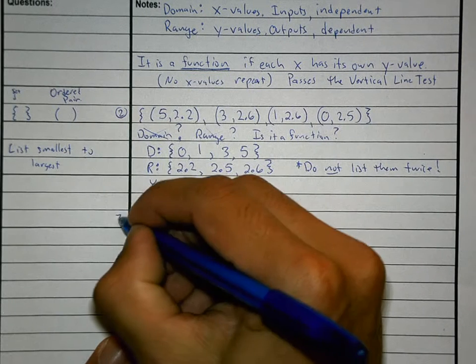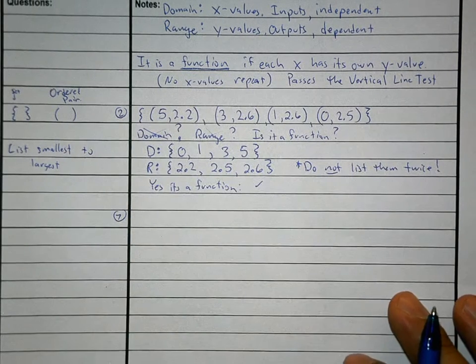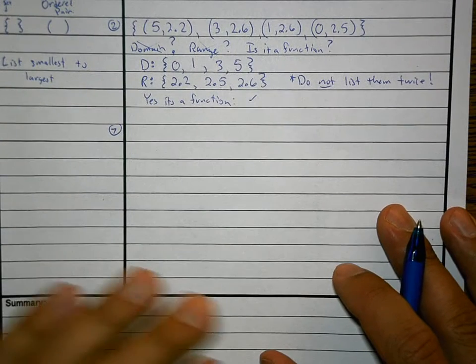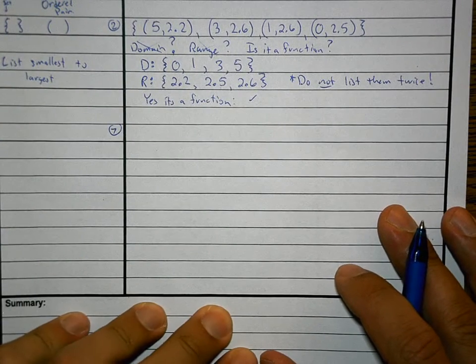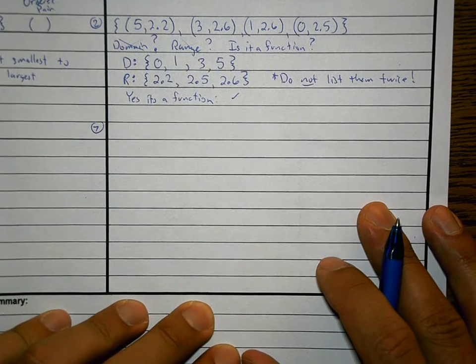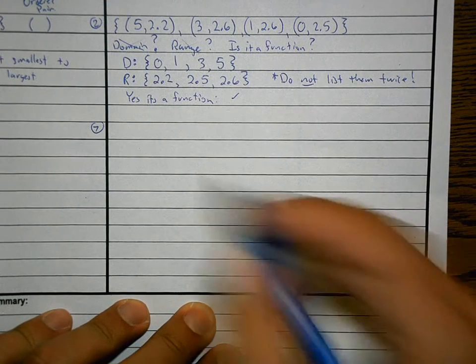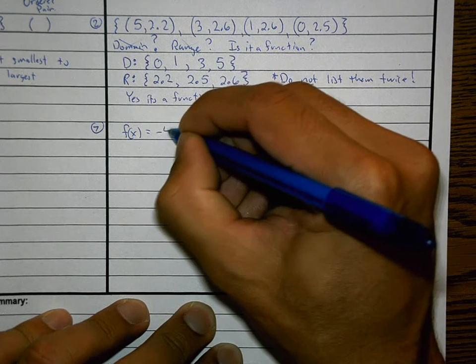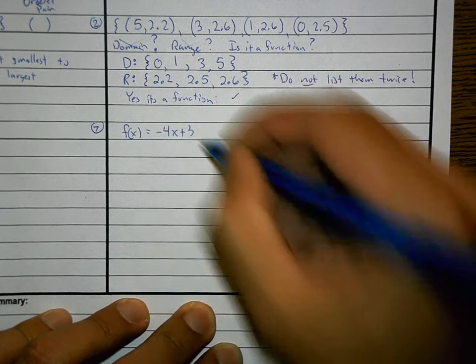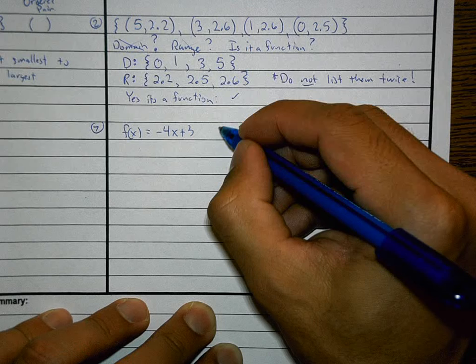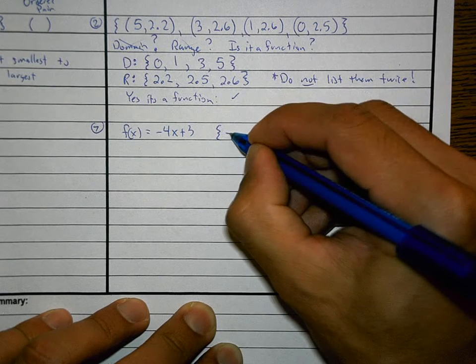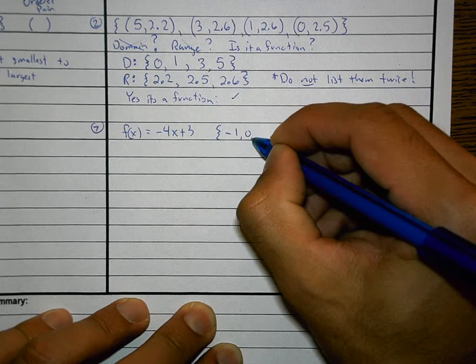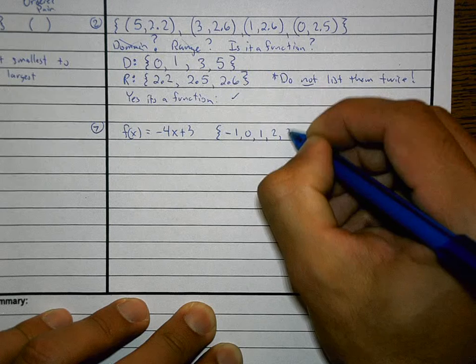Now let's jump to something that looks like number 7. The first 4 questions you have will be like number 2. Number 7 says f of x equals negative 4x plus 3, and then it has a set of numbers, negative 1, 0, 1, 2, 3.